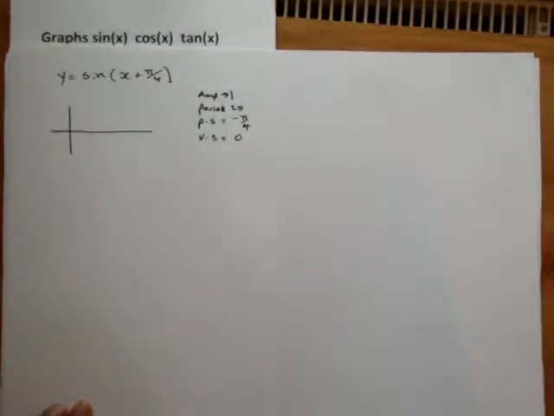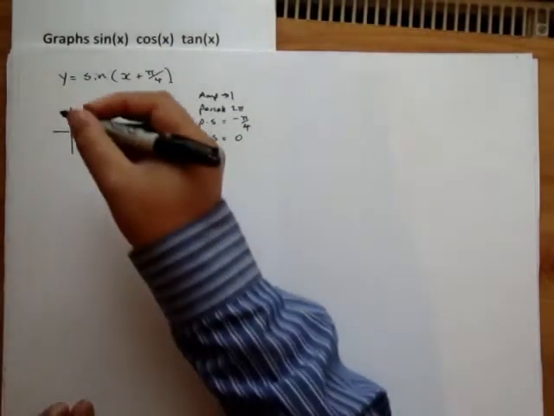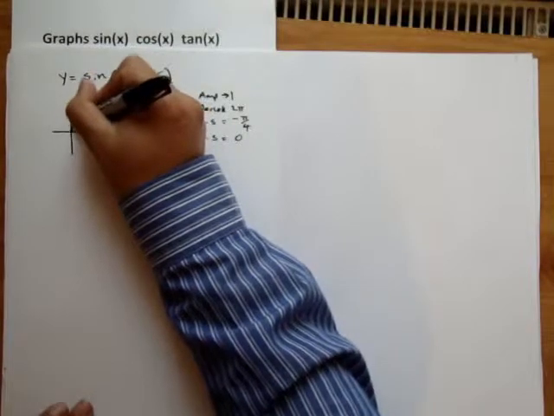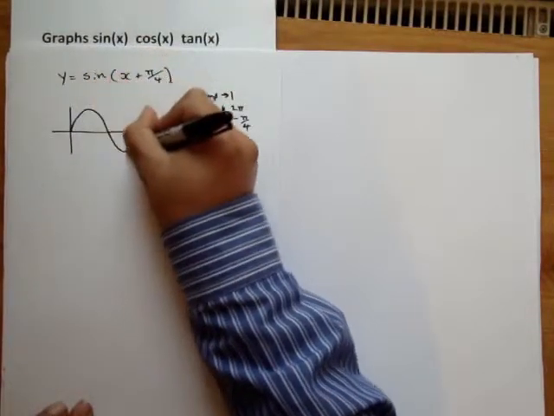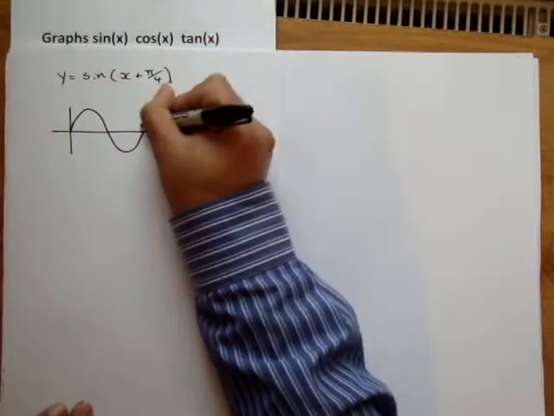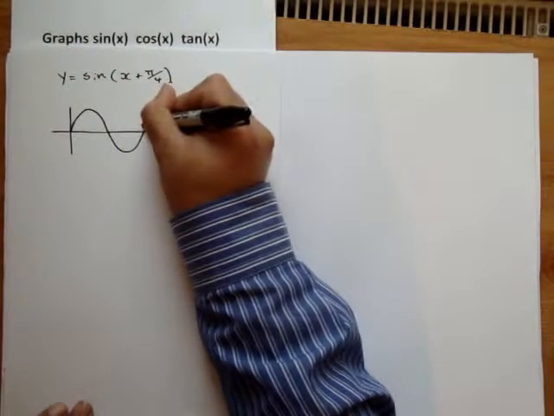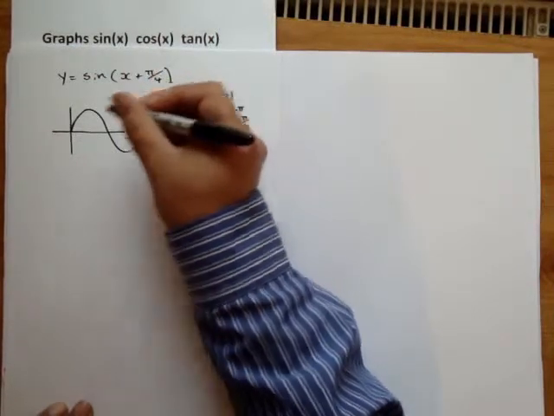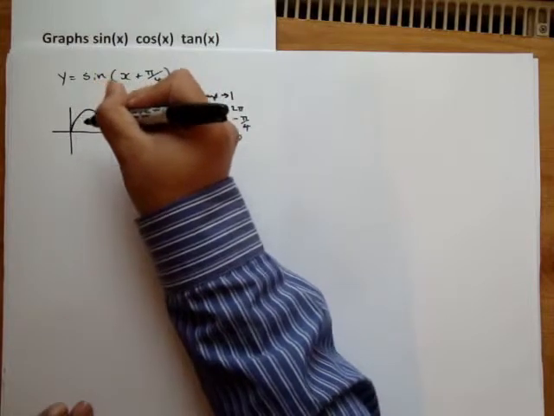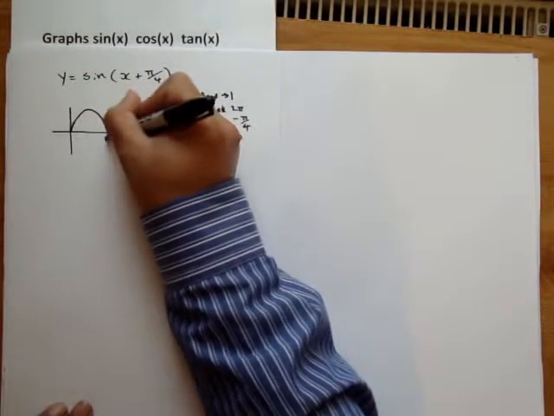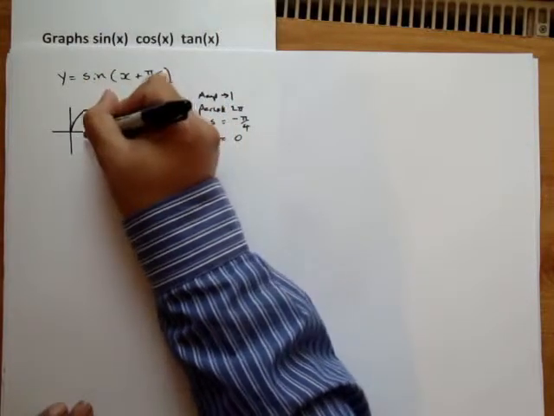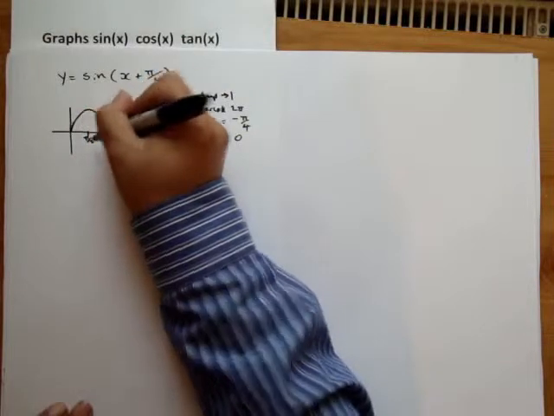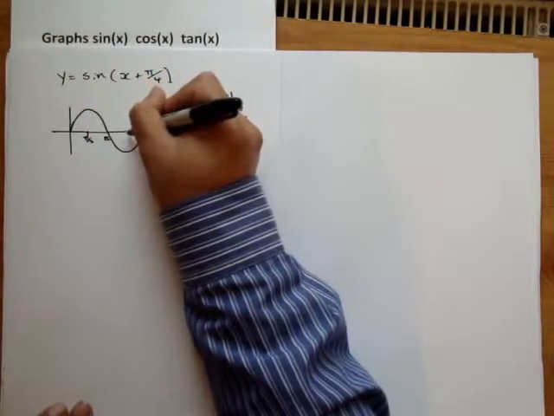So let's draw this. Let's just draw a normal sine curve first. So a normal sine curve would go around like that. This would be 2 pi, and this would be pi, this would be pi over 2, this would be 3 pi over 2.